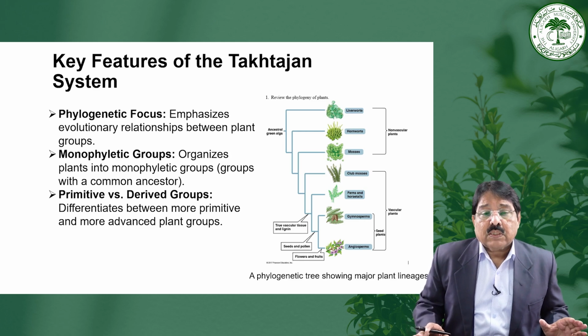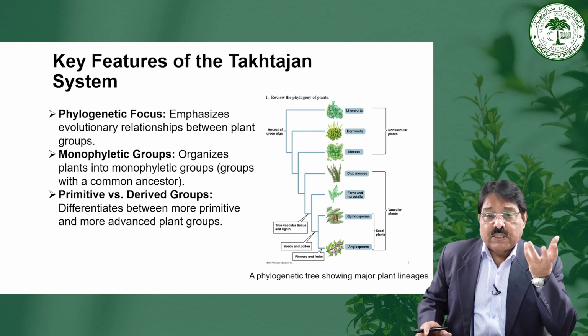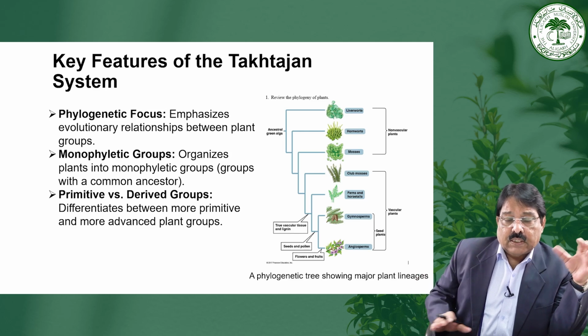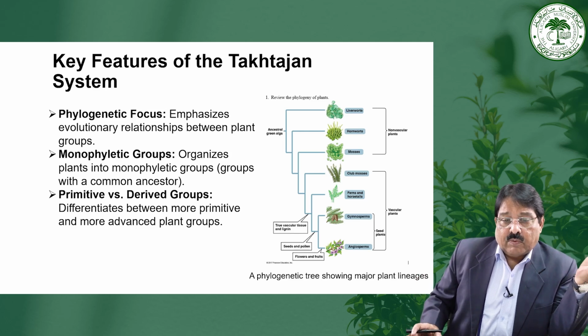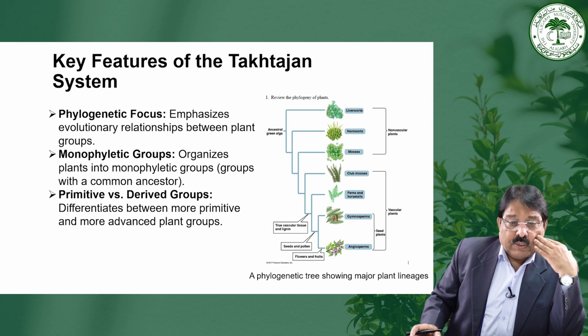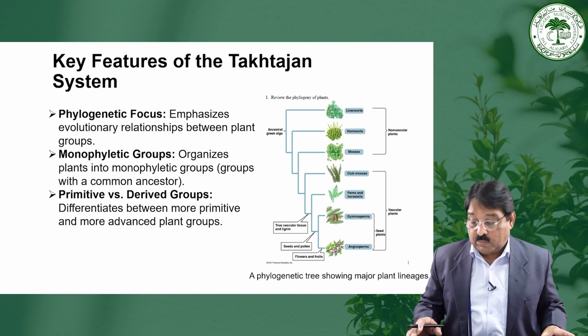It means the evolution is based on a particular, single group; that is called monophyletic origin. If it has developed from different stocks, then it will be called polyphyletic. So this system is monophyletic in origin. Primitive and derived groups differentiate between the more primitive and more advanced plant groups.